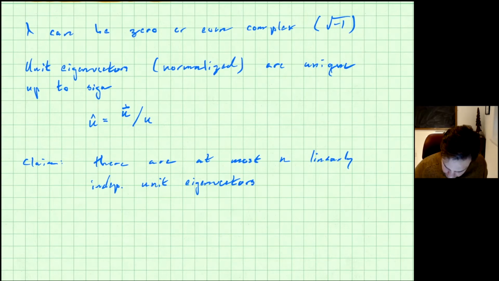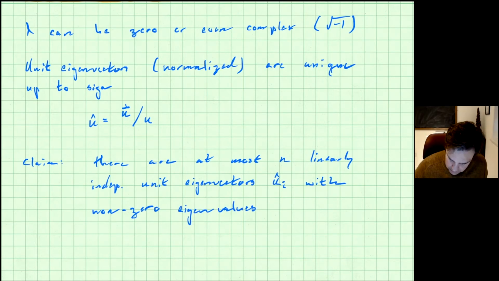And we'll name them u hat i with non-zero eigenvalues lambda i for a matrix M that's n by n.